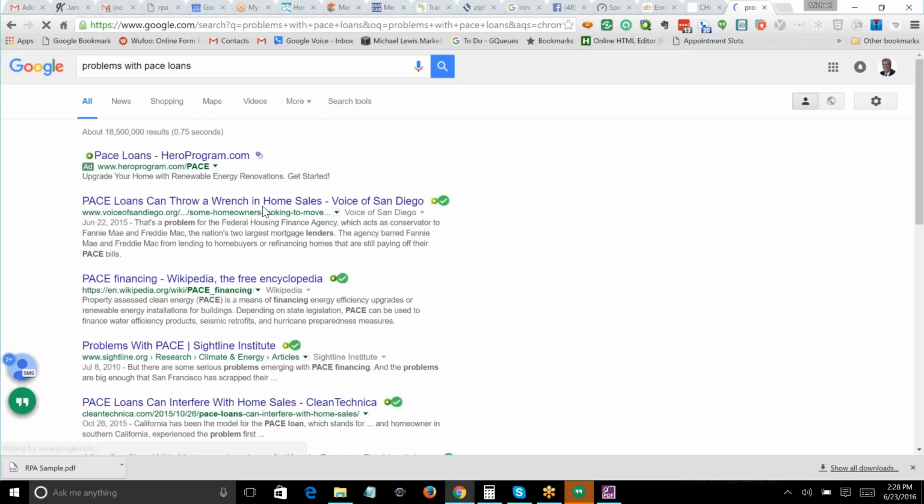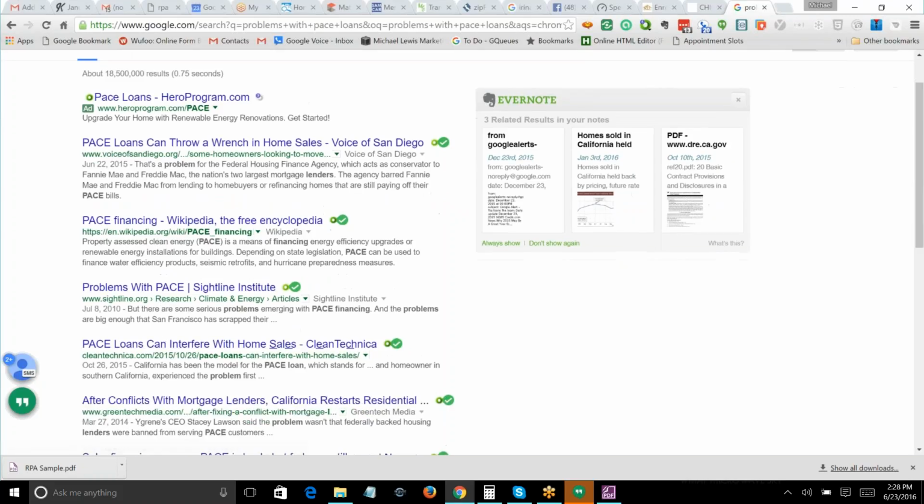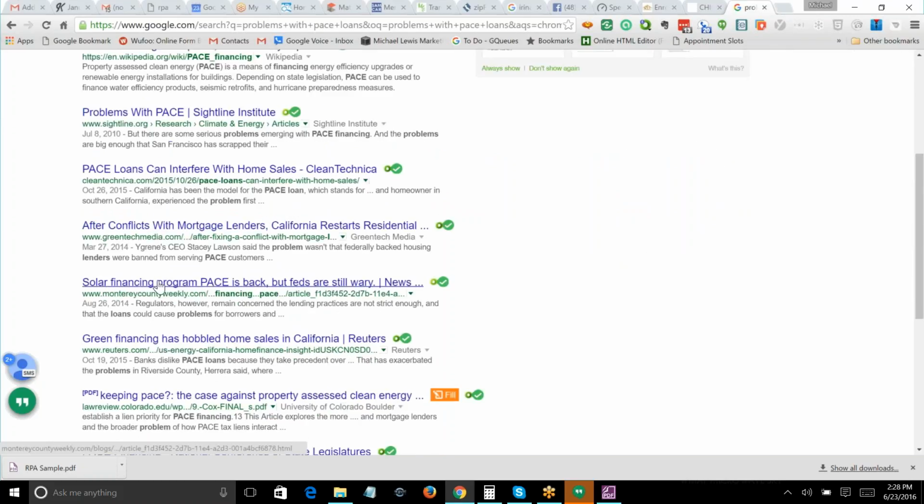PACE loans can throw a wrench in home sales. PACE financing, problems with PACE. PACE loans can interfere with home sales. Solar financing, PACE is back, but feds are wary. Green financing has hobbled home sales in California. That seems like an interesting title to an article.